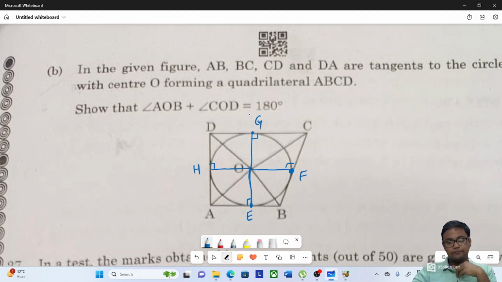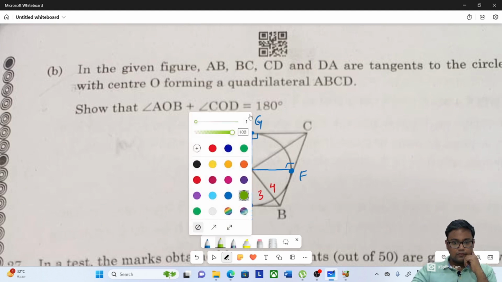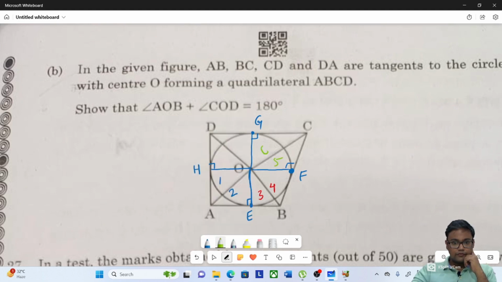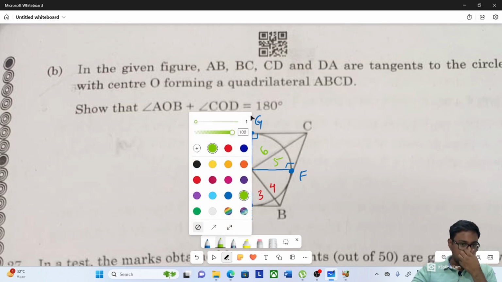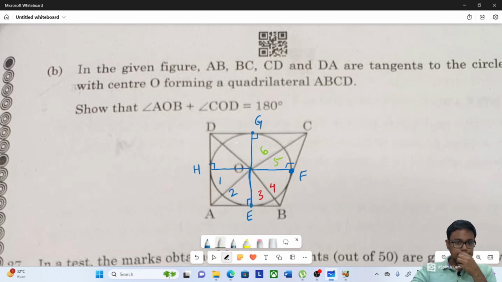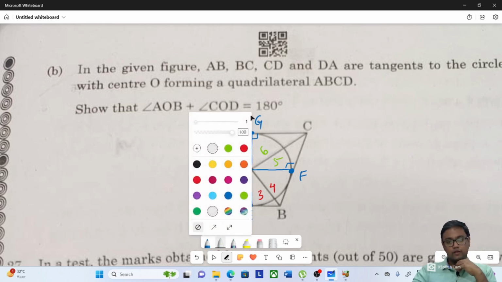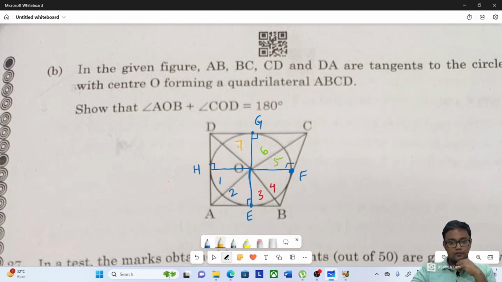We know this. Now, what are you supposed to show? If you label these triangles as 1, 2, 3, 4, 5, 6, 7 and 8, why have I named them pairwise?